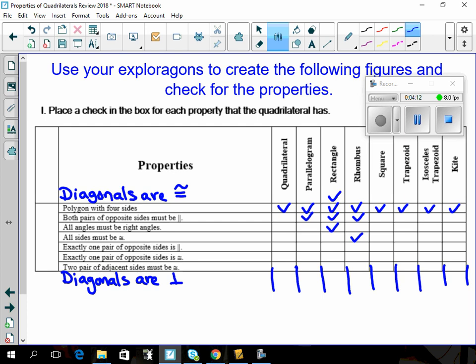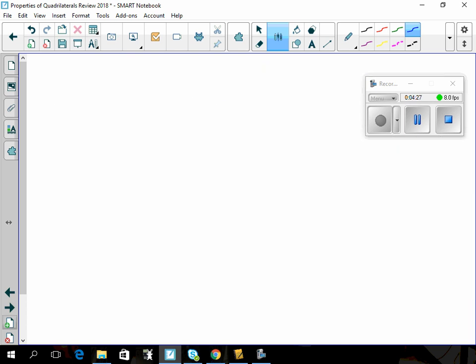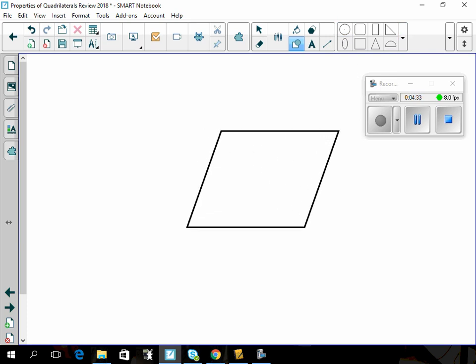What do you notice about them? One's longer than the other, but don't they form right angles? Aren't they perpendicular? They are. So in a rhombus, the diagonals are perpendicular. If you're not sure what I'm saying, look up here. I'm trying to make this as close to a rhombus as I can.